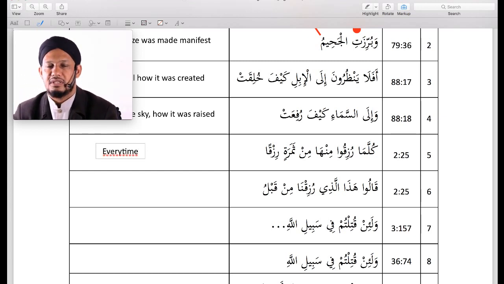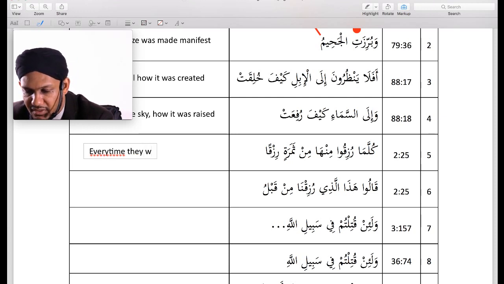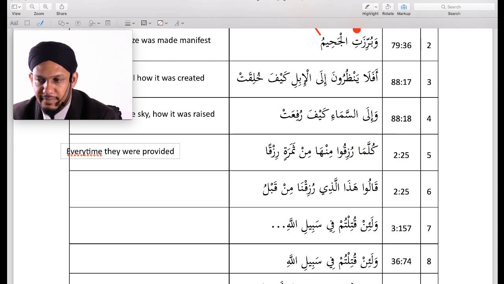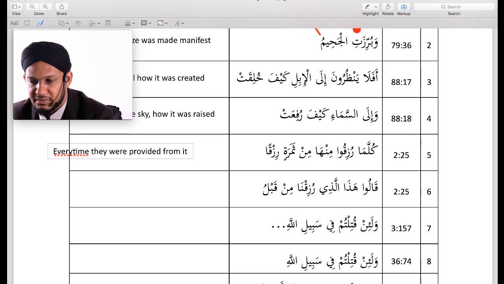So كلما means every time. رزقوا. رزق, he provided. رزقوا, they provided. رزقوا, they were provided. They must majhul. We make it past tense for now because it's a past tense verb. They were provided. Every time they were provided. Minha, from it.